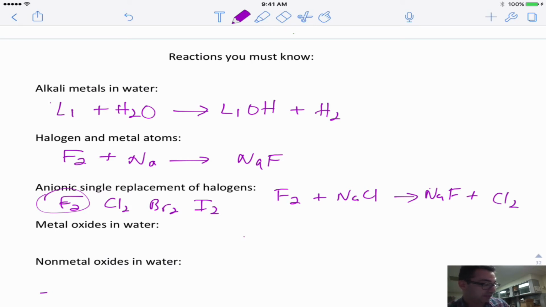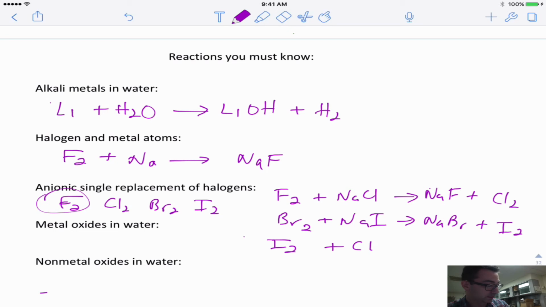If I have something like bromine, bromine is not as reactive, so bromine can only replace something like iodine. So bromine, we can have that replace NaI, and then we would have NaBr and I2.